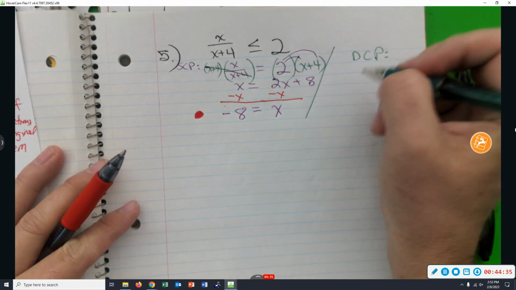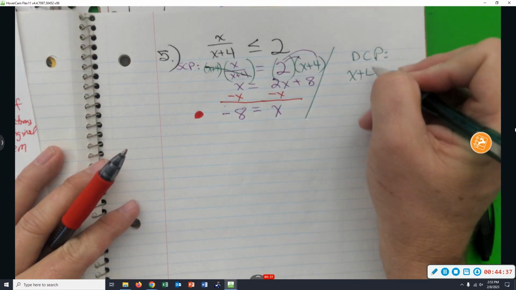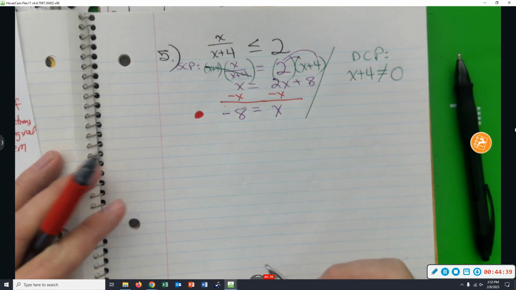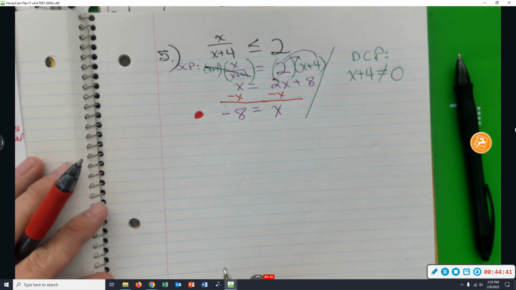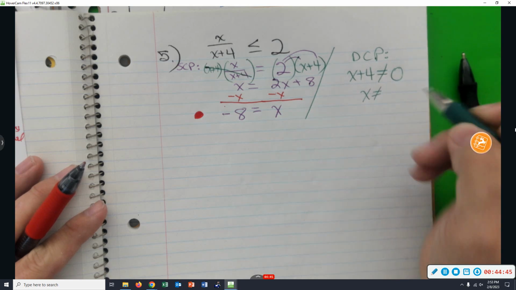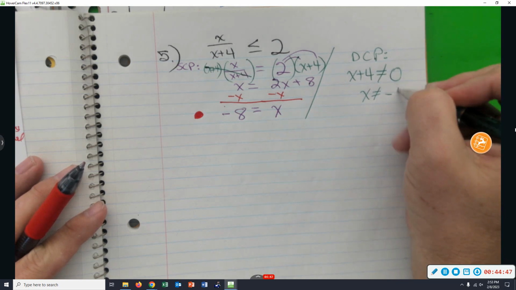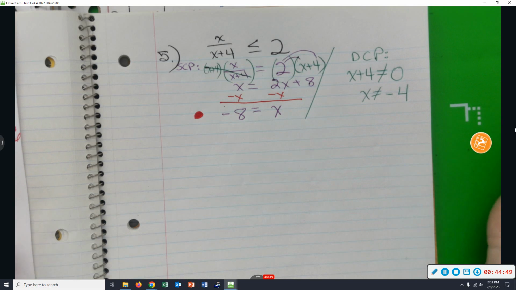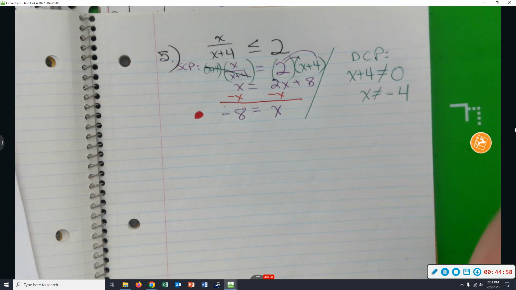Set x plus 4 not equal to 0. What's that going to give me? X cannot equal -4. This reminds me of when we were solving those rational equations and we were asking ourselves what numbers would be unacceptable. We couldn't let the denominator be 0.